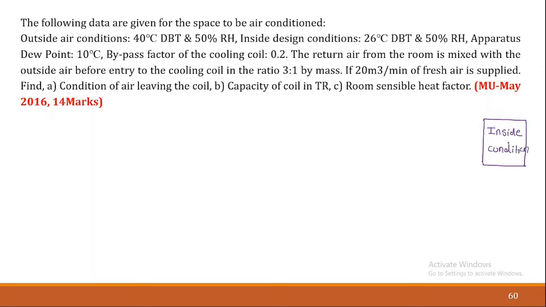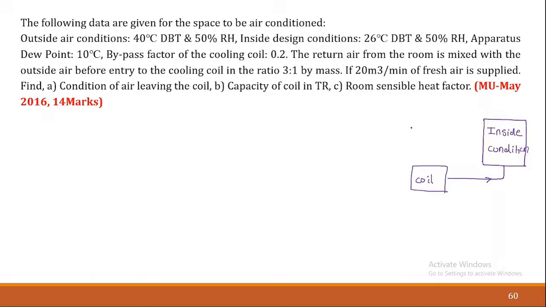So in order to maintain this inside condition at 26 degrees Celsius dry bulb temperature and 50% RH, we are supplying some cold air from this side. Okay, and before this the air is passed over the coil. So this is called as the coil. It is a cooling coil, right?